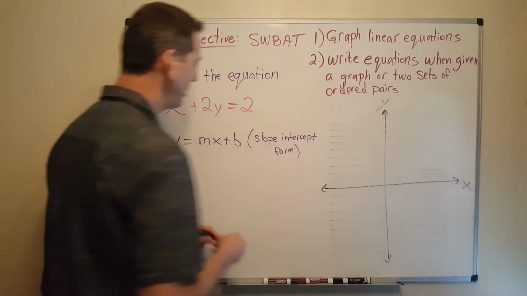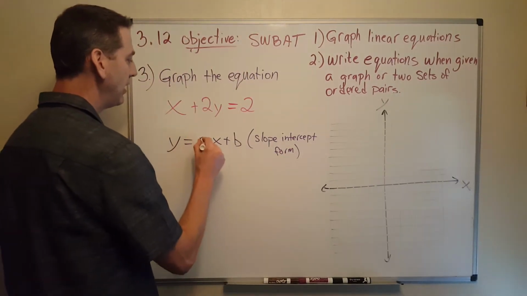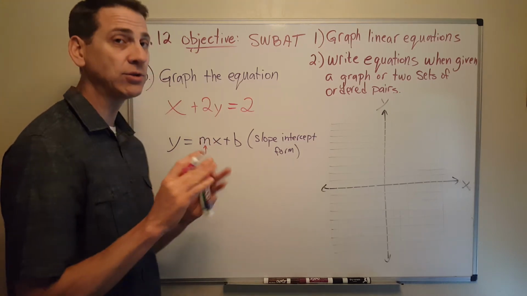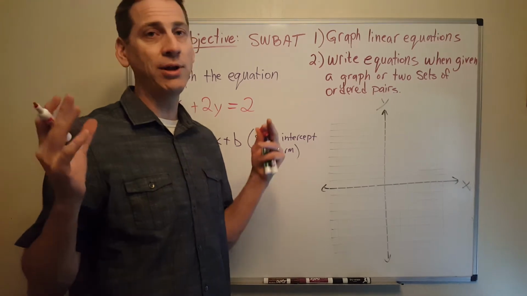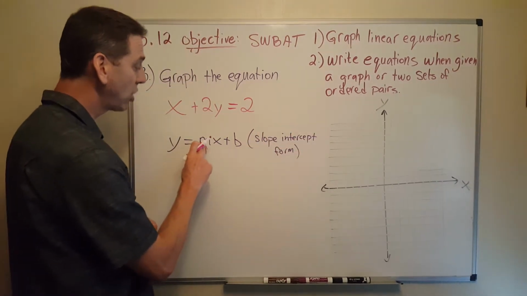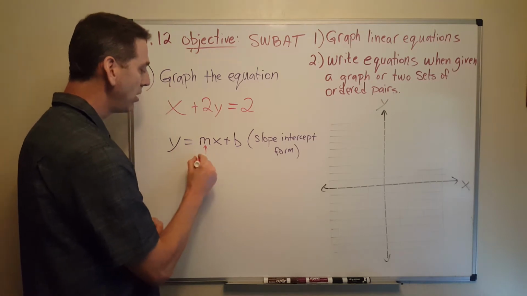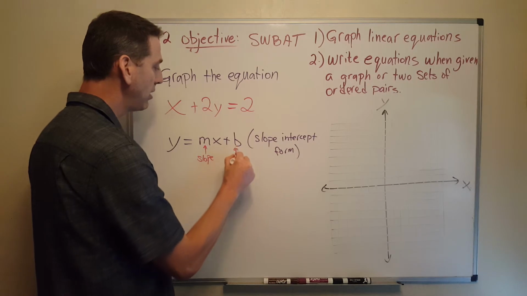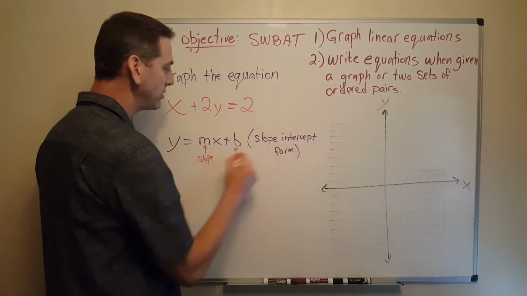Well, quite simply because m, not x, just m. Now m just represents a number. Could be 2, 3, could be negative 1/2. It's a coefficient. Okay, it's a coefficient. M is your slope, and b is your y-intercept.